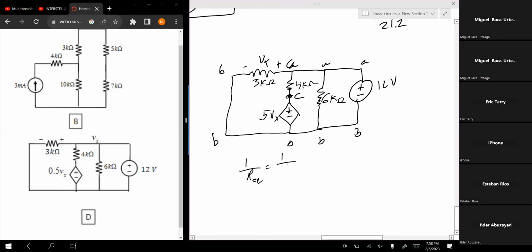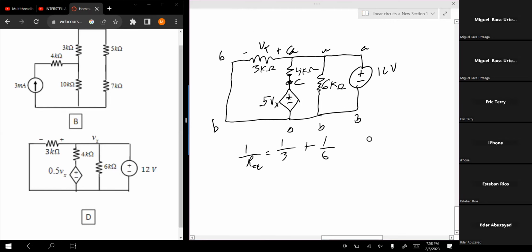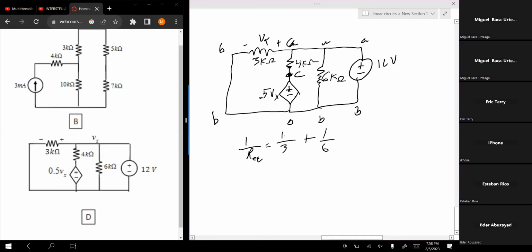So would it just be 2.4 for those? Which one are you asking about? Are you asking about these two resistors in parallel here? Yeah, the 4 and 6. No, the 3 kilo ohm and the 6.